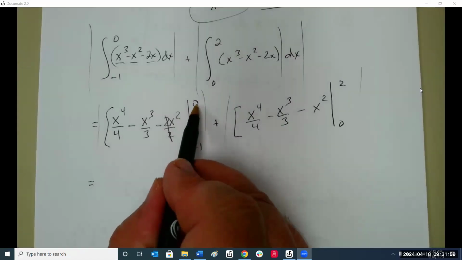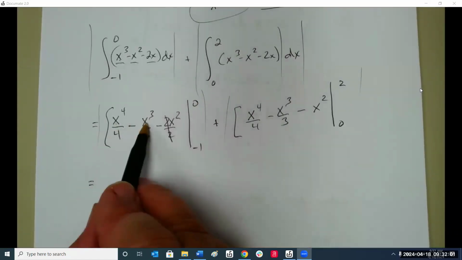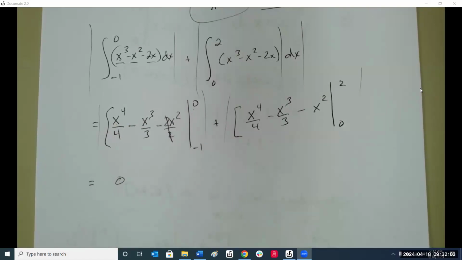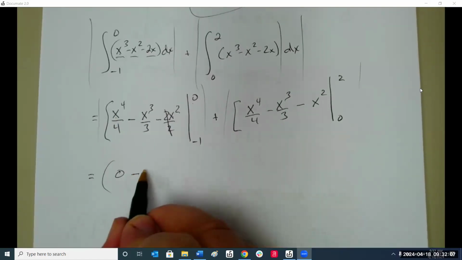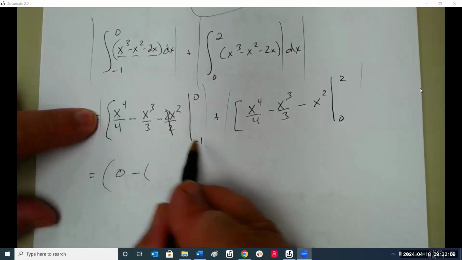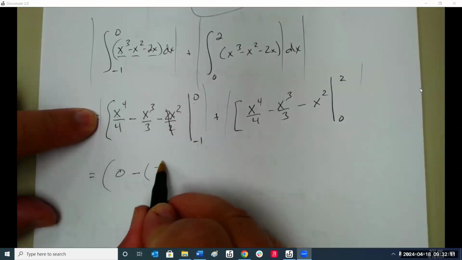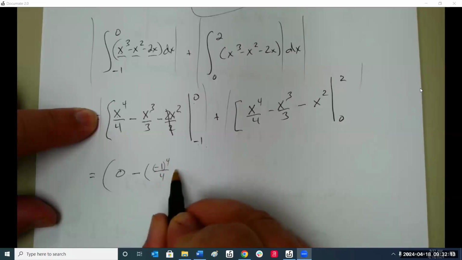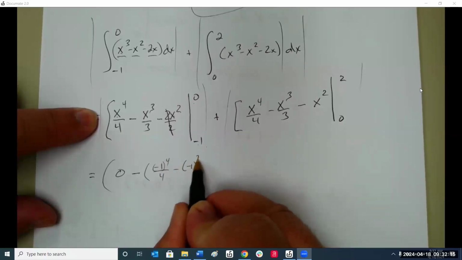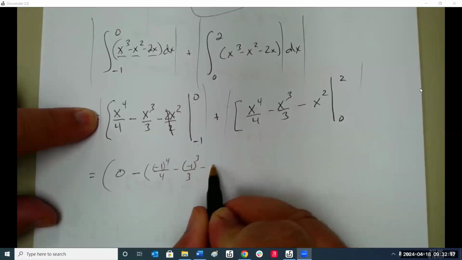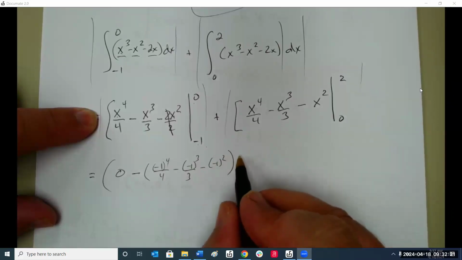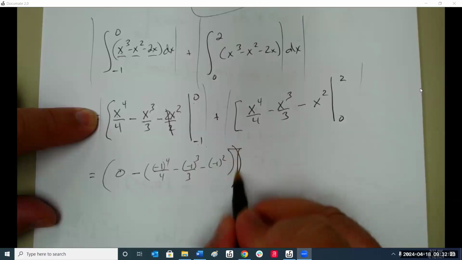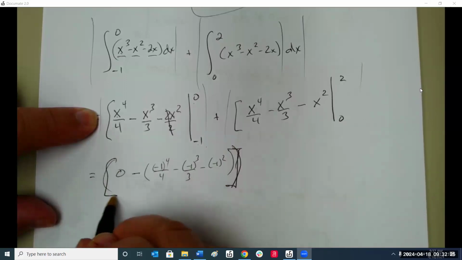So the first one's easy. They all have x's, so at 0, it's 0. Minus, now we put -1 inside each one of those. So it's -1 to the 4th over 4, -1 to the 3rd over 3, minus -1 squared. That's the first side.